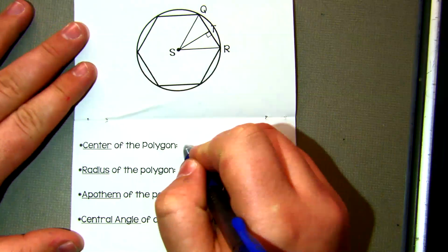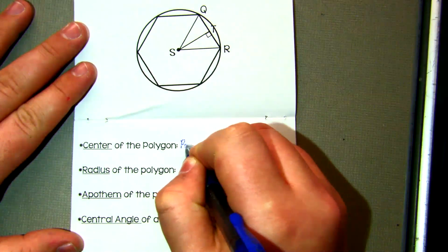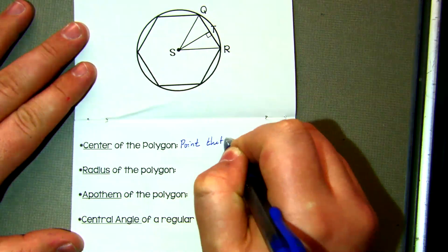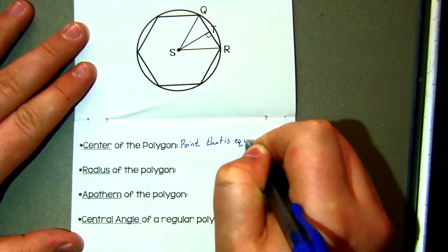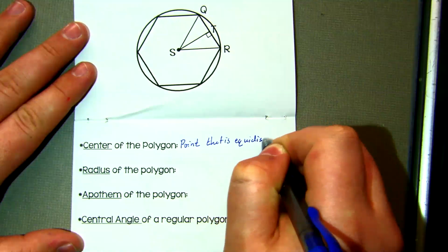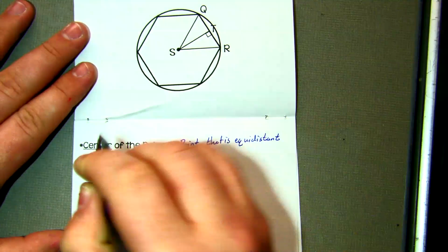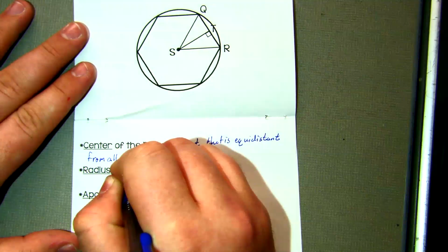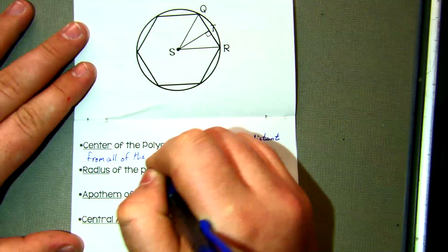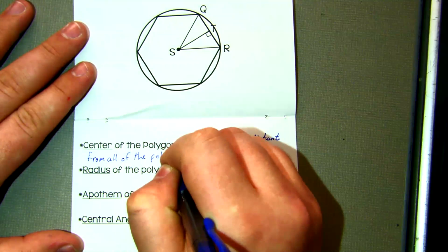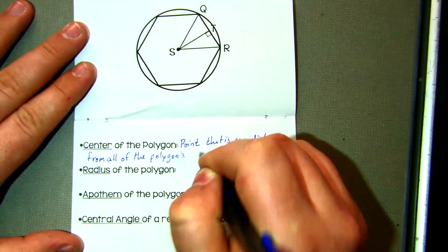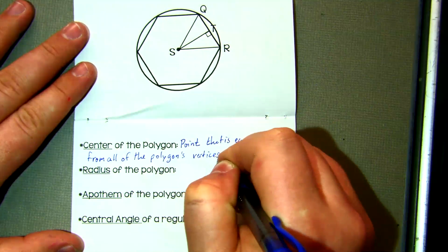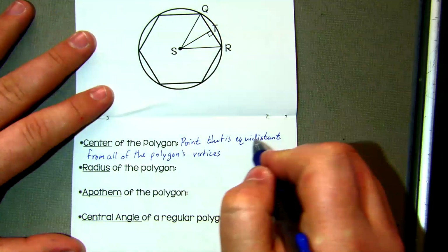The center of the polygon is the point that is equidistant from all of the polygon's vertices. What does the word equidistant mean?